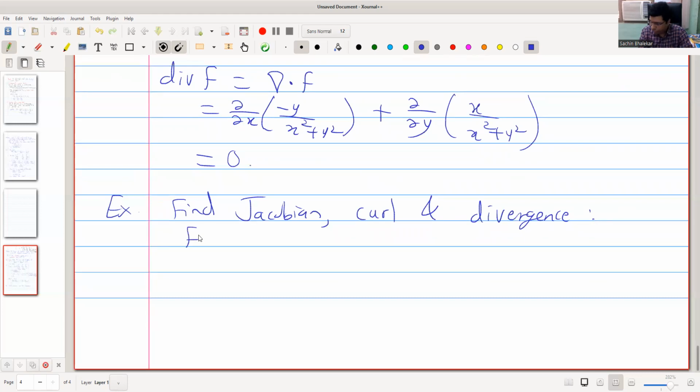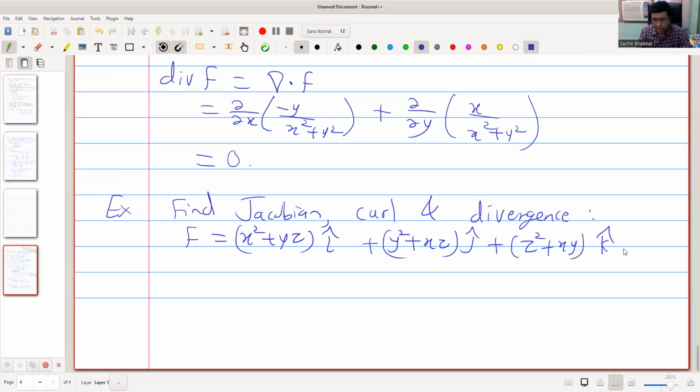So our f is given by x square plus yz i hat, then plus y square plus xz j hat, and last term z square plus xy k hat. Okay.